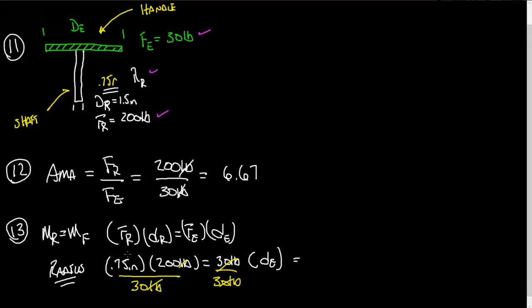What I get is a radius equal to 5 inches. So that's my radius. To get my diameter, D equals 2R. Therefore, 10 inches is my diameter.